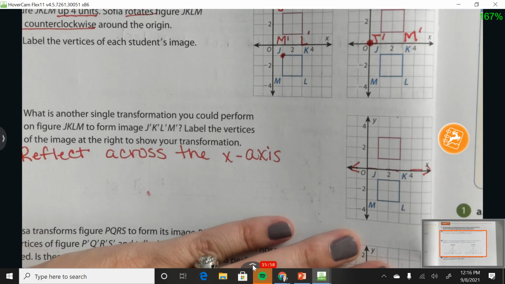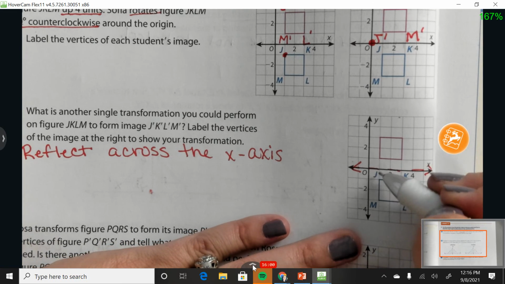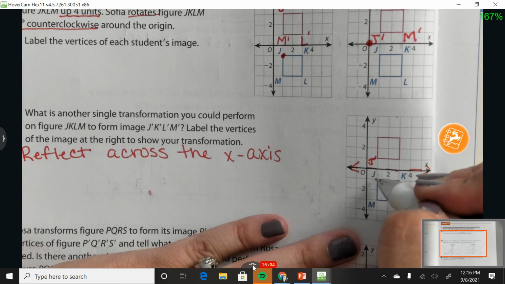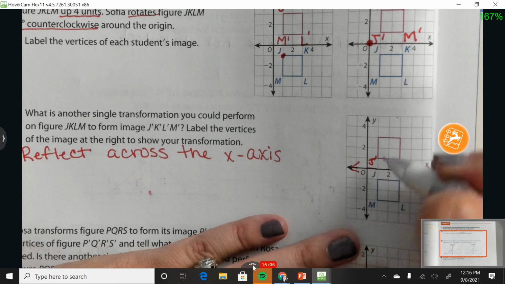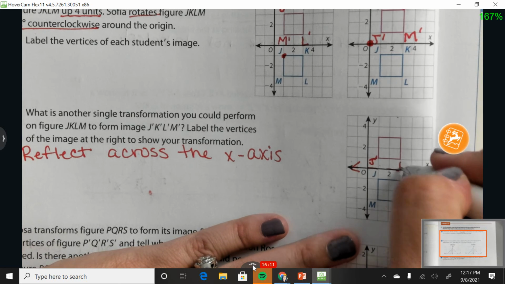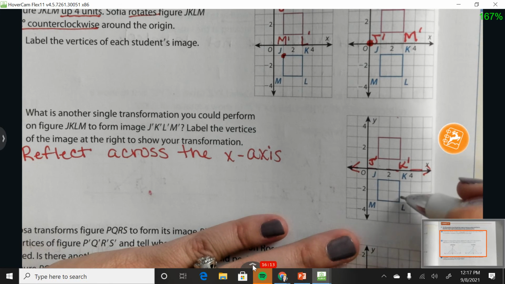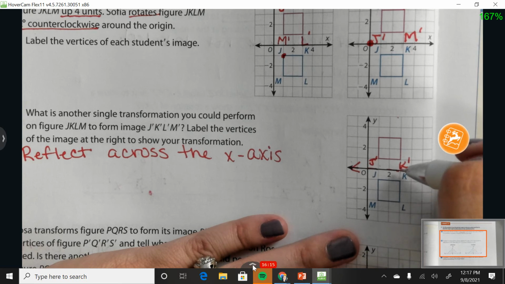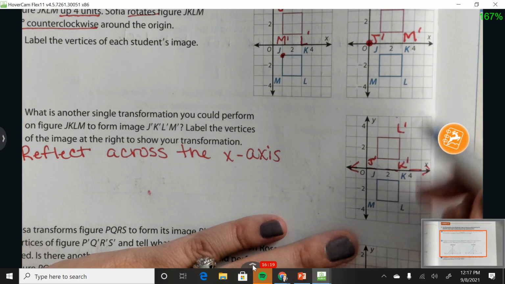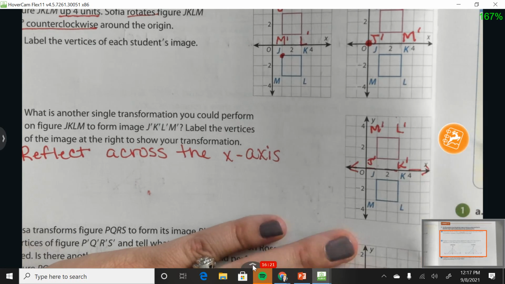Alright, where is J at when we reflect it? Bottom left. If it's one away here from the line of reflection, it's one away here. What about K? Okay, L is 3 away, so it'll be 3 away here. And M is 3 away, so it'll be 3 away here.